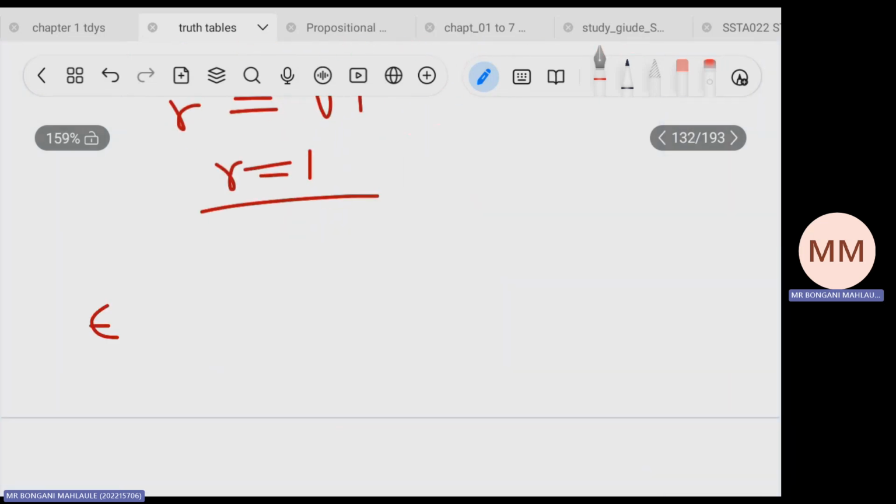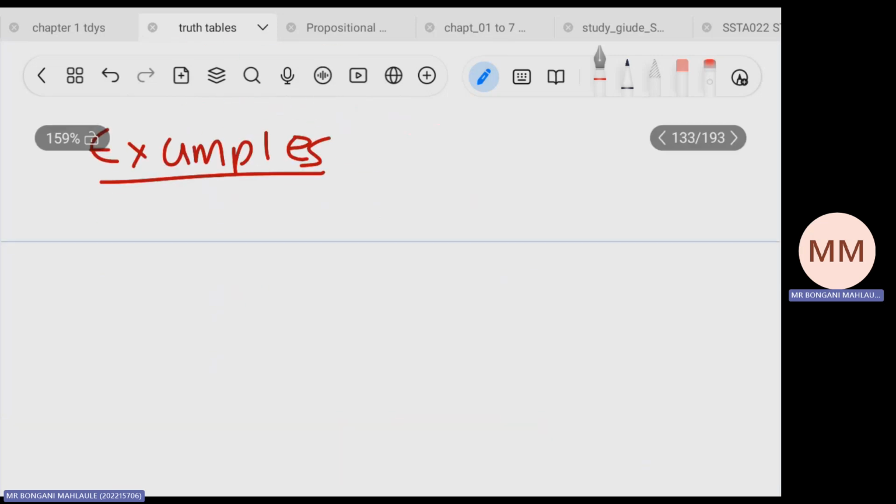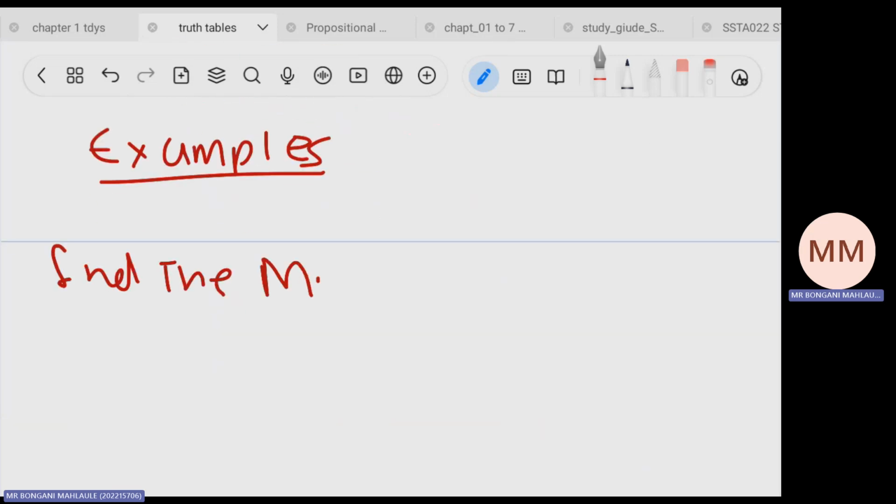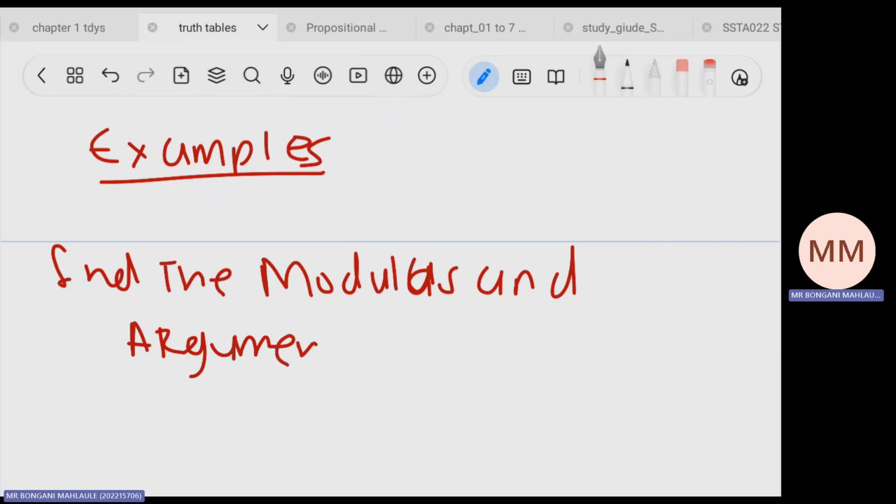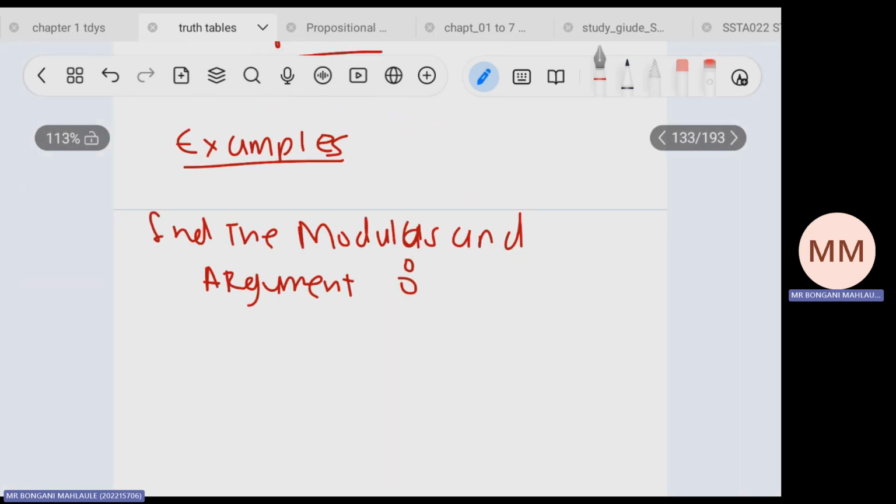Examples. They say find the modulus and the argument of the following complex numbers.